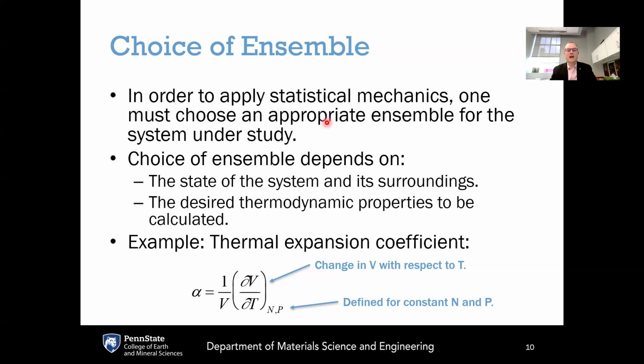Other times it's governed by what properties you want to calculate. So for example, the thermal expansion coefficient would be most easily calculated in the NPT ensemble because of the definition of the thermal expansion coefficient, which is a change in the volume of the system with respect to temperature for constant N and for constant P. So what you would do here is to conduct NPT simulations, allowing the volume of the system to change by keeping the system at a constant pressure, and then conducting those simulations at different isothermal conditions to see how the volume is changing as a function of temperature under constant pressure.